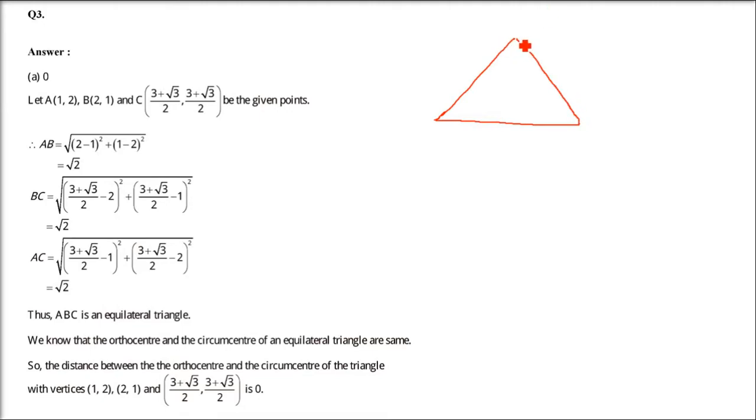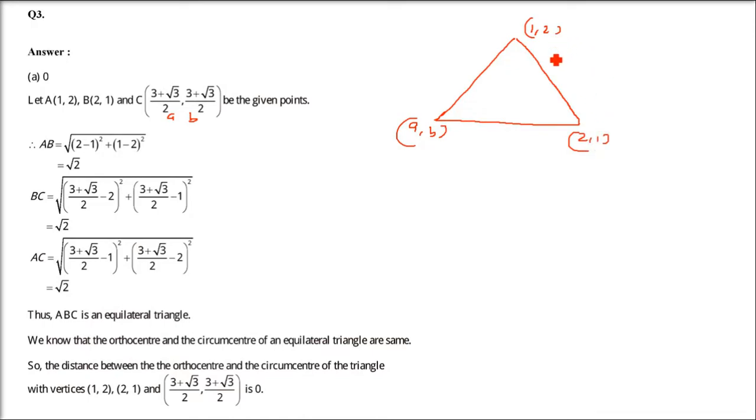And likewise circumcenter, when you find out, the circle goes through all the 3 points, that is all the 3 vertices. So you don't have to worry about that, because we'll be knowing something else now. So these points, or vertices, are (1, 2), (2, 1), and (3 plus root 3 by 2, 3 plus root 3 by 2), and these points are known.